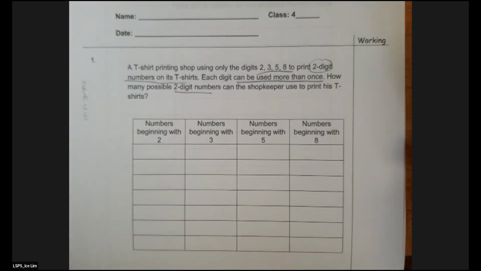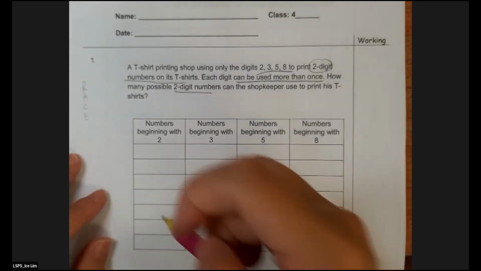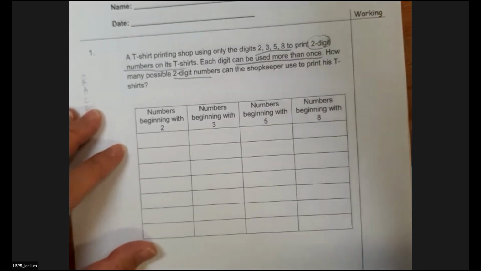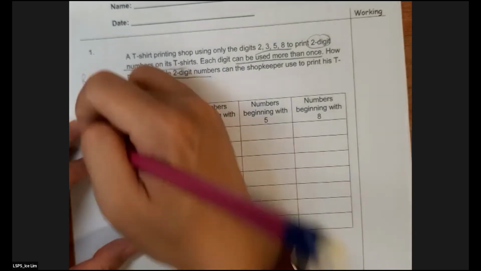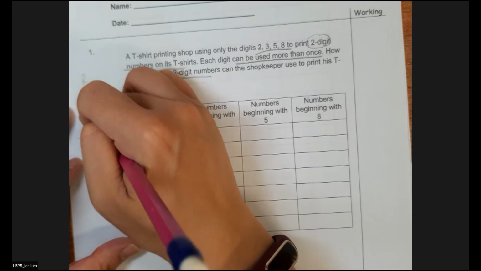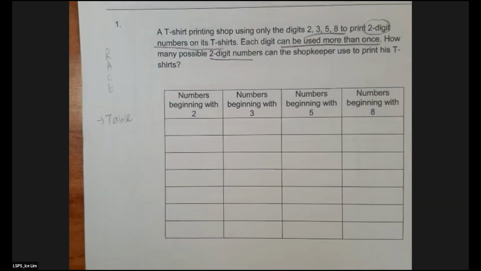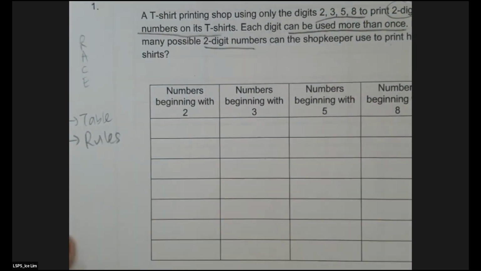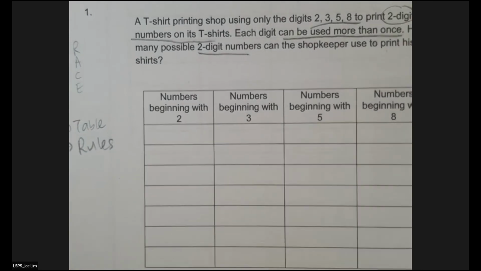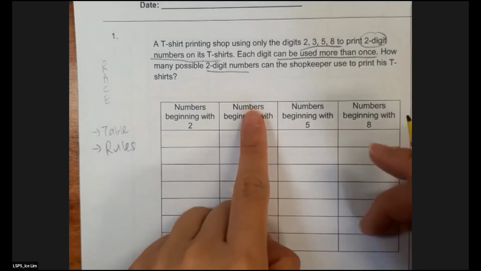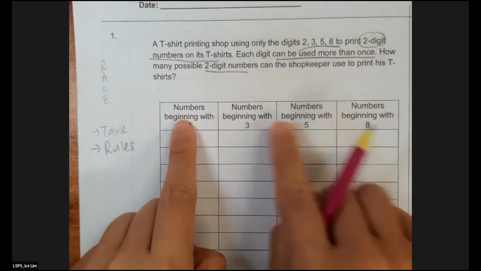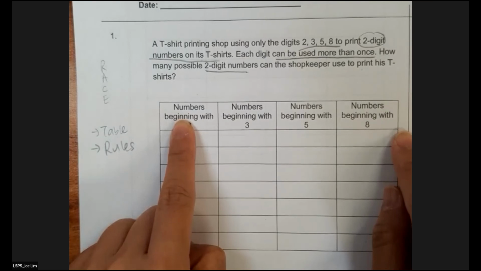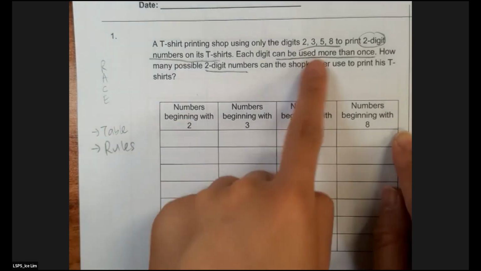Now, in the idea of systematic listing, there is a certain way we decide how we start. Some of the methods include starting with a table. How many lines of the table? Maybe I'll look at the rules. The rules here say it is going to be 2, 3, 5, and 8, and they can be used more than once.